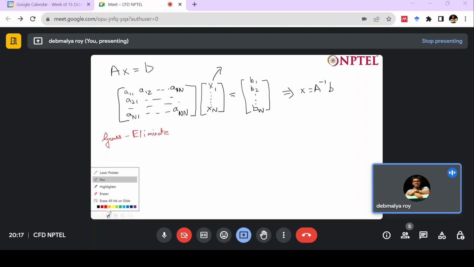We try to eliminate one variable using the two equations, and then we get one variable in one equation, and then we solve. So this is basically Gauss elimination.